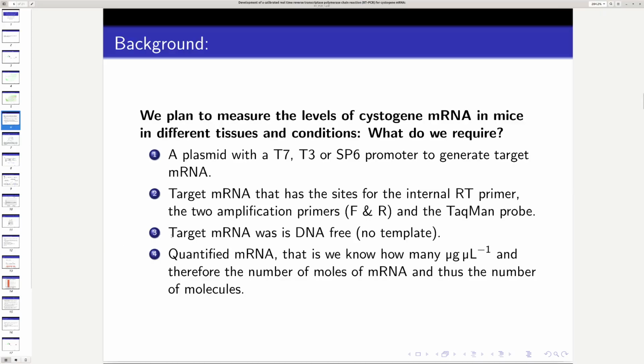And then we have to make the synthetic mRNA DNA free, and so we use DNase to get rid of the template. And then we quantify the RNA so we know how many micrograms per microliter we've got. And because we know the molecular mass, because we've got the sequence of the actual mRNA, we can work out the number of moles we've got, and thus the number of molecules.